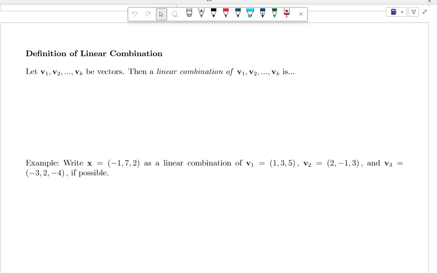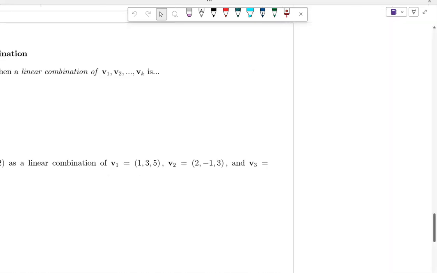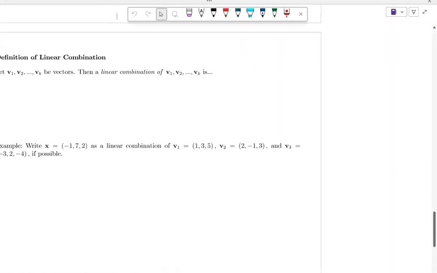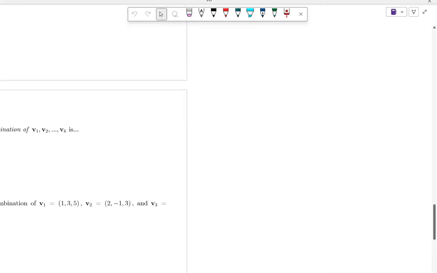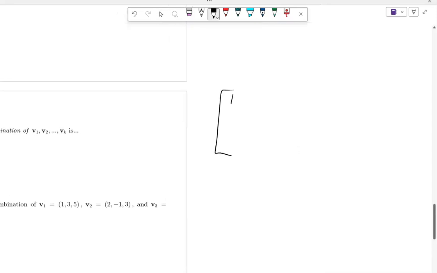Before we do that, though, the concept of linear combination is going to pop up a lot. We've already seen this idea for linear combination when we talked about writing solutions of systems of equations in parametric form. So just a reminder of that.